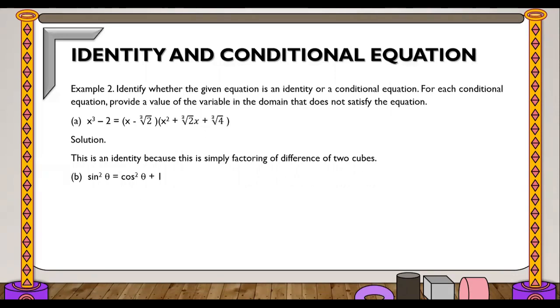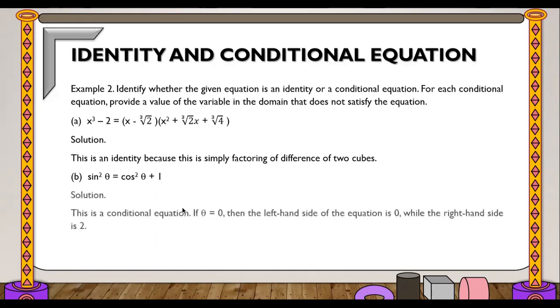Next naman yung letter B. Sa letter B, ang nakalagay doon ay sine squared theta equals cosine squared theta plus 1. So, ito naman ay tinatawag nating conditional equation. Why? Ito yung ating explanation. If theta is 0, then the left-hand side of the equation is 0. Diba?